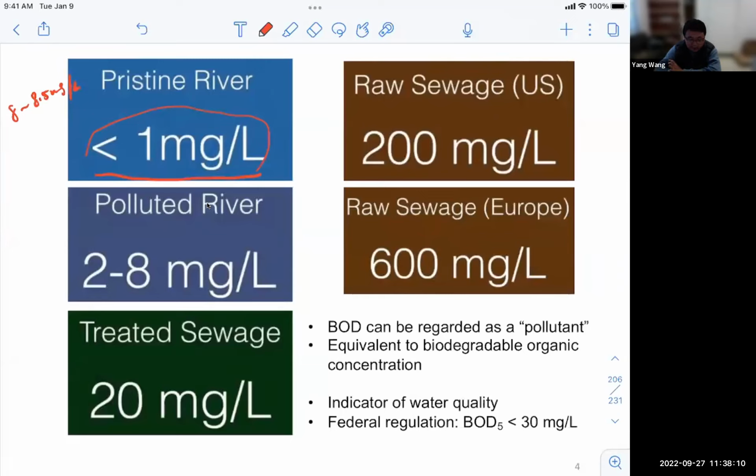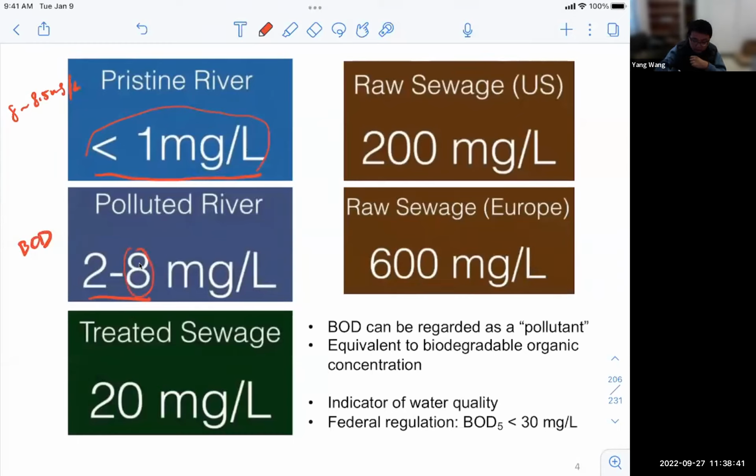Another example is the polluted river. For a polluted river, you are going to see the BOD of 2 to 8 milligram per liter. This is already quite significant. If you have a relatively higher concentration of the BOD, and if it's approaching, let's say, 8 milligram per liter, then it's going to drain all the dissolved oxygen in the river.